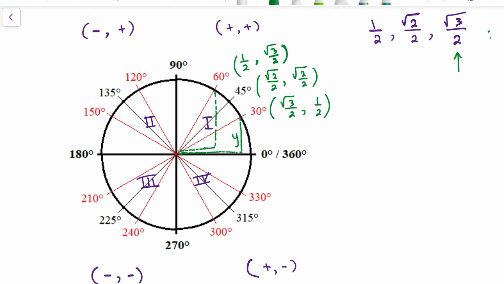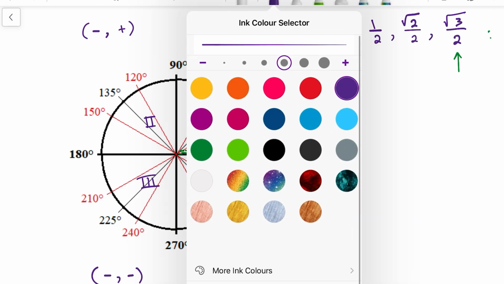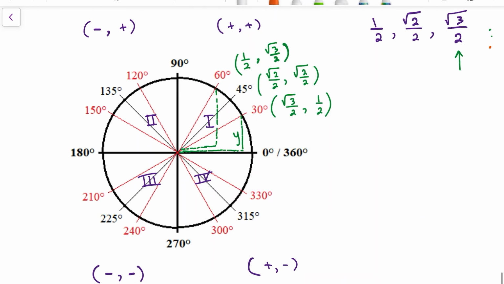Okay, once we know these values for 30, 45, and 60, we can figure out the rest of the unit circle, because 120 degrees is actually the same as 60 degrees. We just need to be careful a little bit about the signs here. You can see also that the distances over here are exactly the same. There's a lot of patterns actually on the unit circle that makes it very interesting.